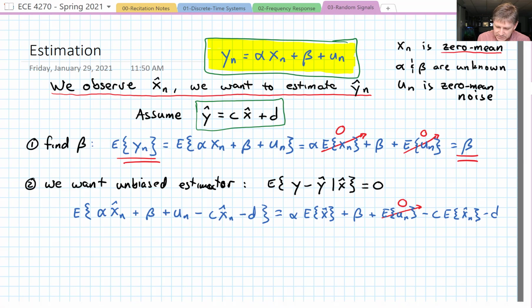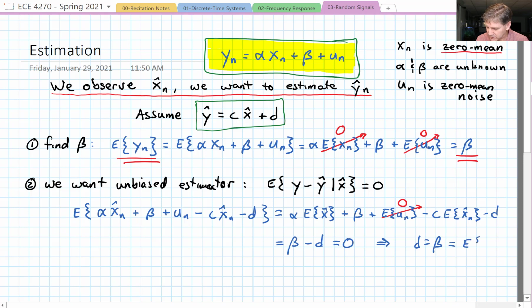So what does this tell us? This tells us that we want beta minus d to be 0, or in other words, d equals beta, which is equal to the expected value of y of n.